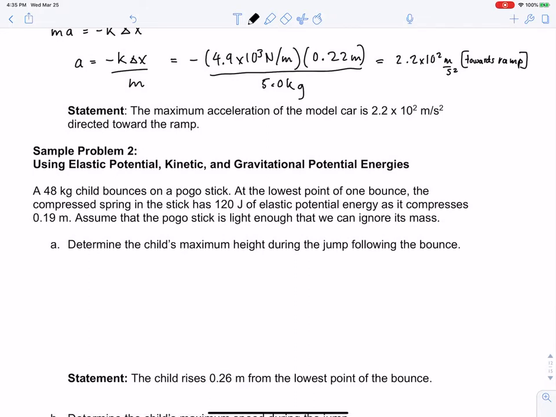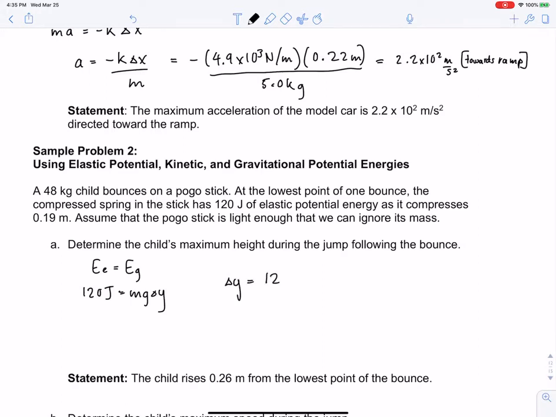So the maximum height will happen when all of the elastic potential energy is converted into gravitational potential energy. So all of this 120 joules of energy is converted into mg delta y. And we can solve for delta y.